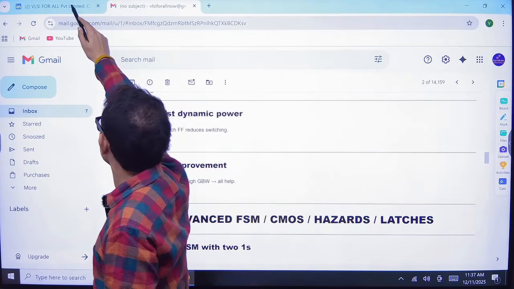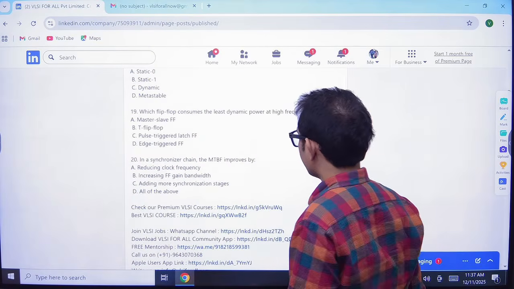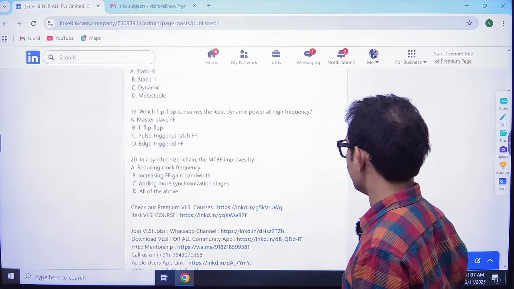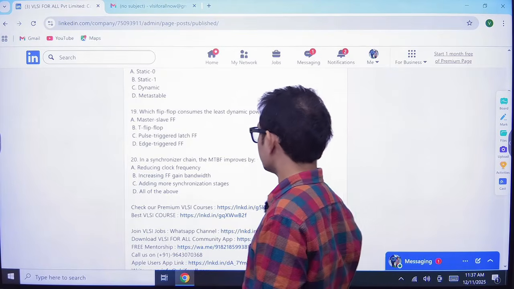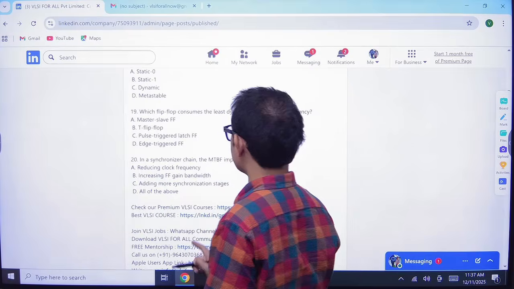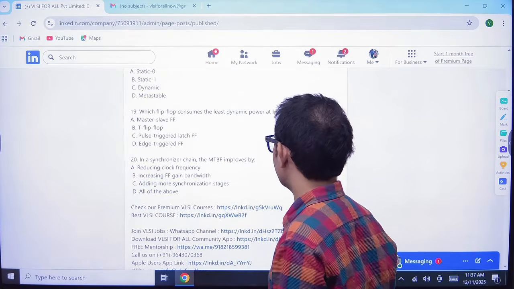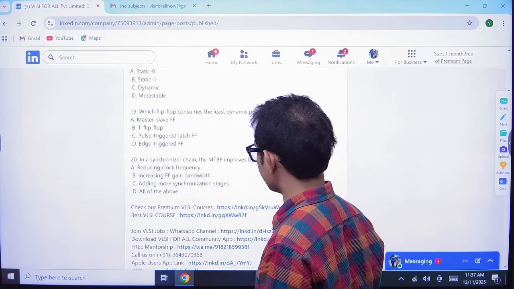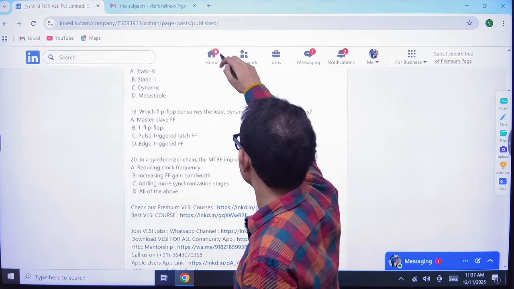Okay, last question we have. In a synchronizer chain, the MTBF is improved by reducing clock frequency, increasing flip-flop gain bandwidth, adding more synchronization stages. So the correct answer is all of the above.